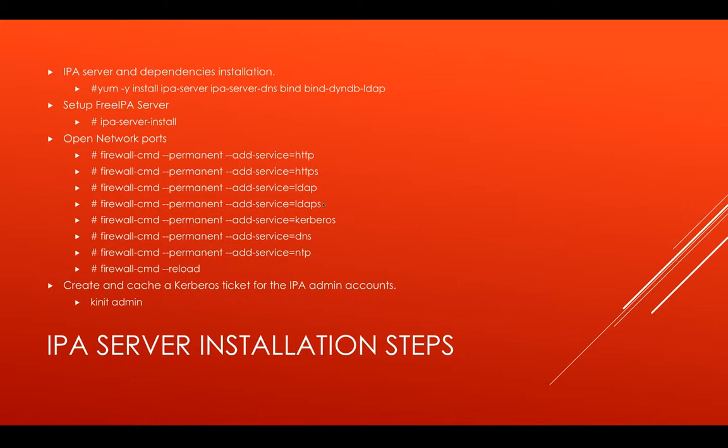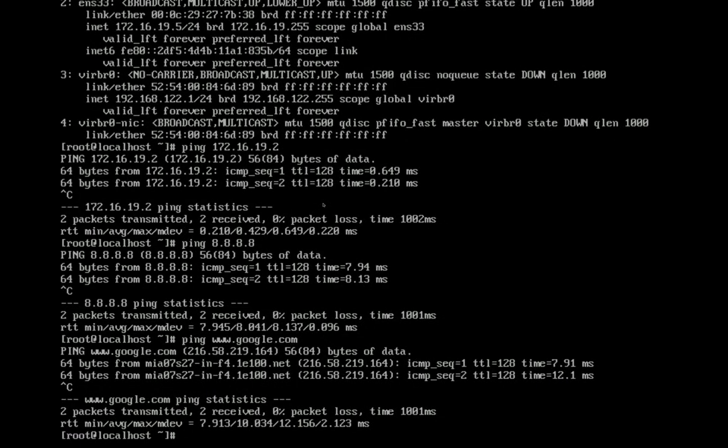All right. So let me clean the screen a bit. So, yum install IPA server, and then IPA server DNS.